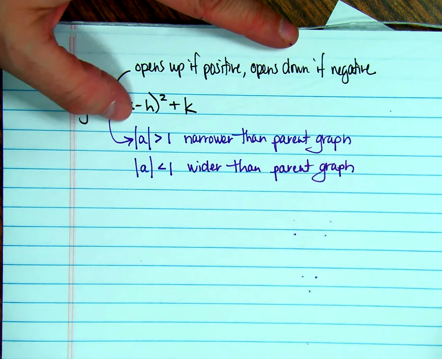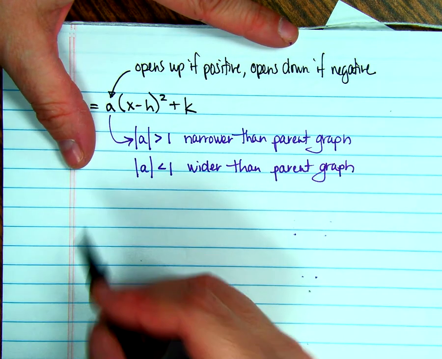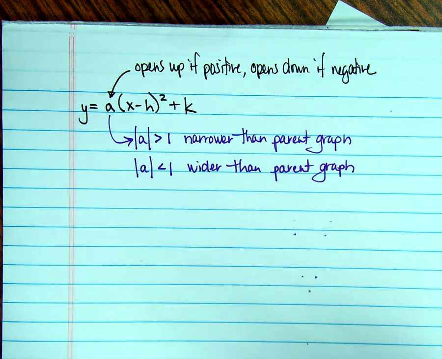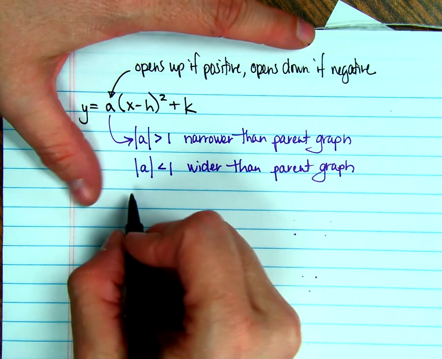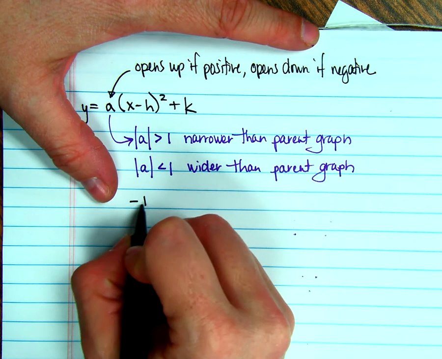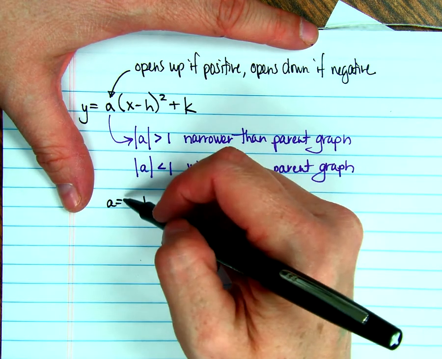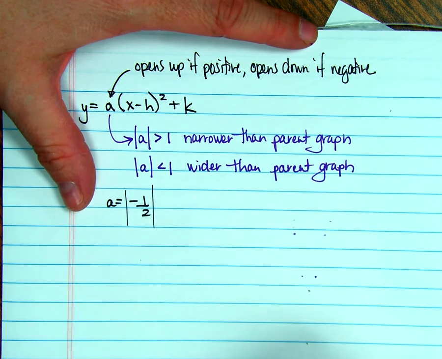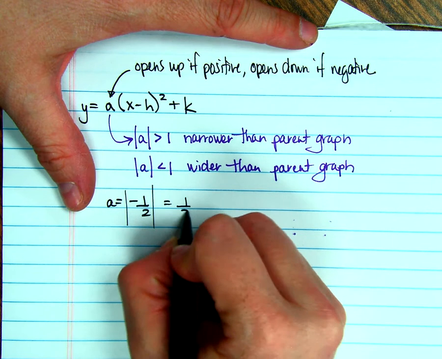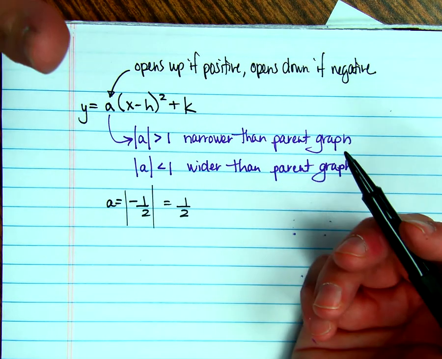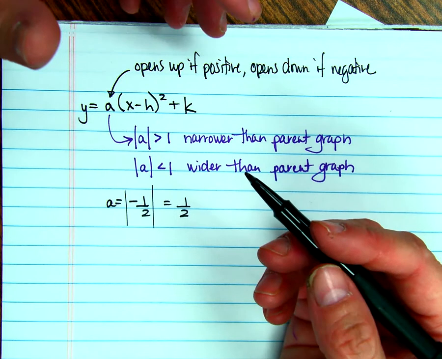Okay? The reason why I put absolute value is because you kind of need to ignore, if you will, the negative sign. It's kind of a bad way of explaining it. But if a is a negative half, the absolute value of negative half is a half. So because it's a half, typically we would think, oh, it's half of it, so it's going to be more narrow, but it does the exact opposite.